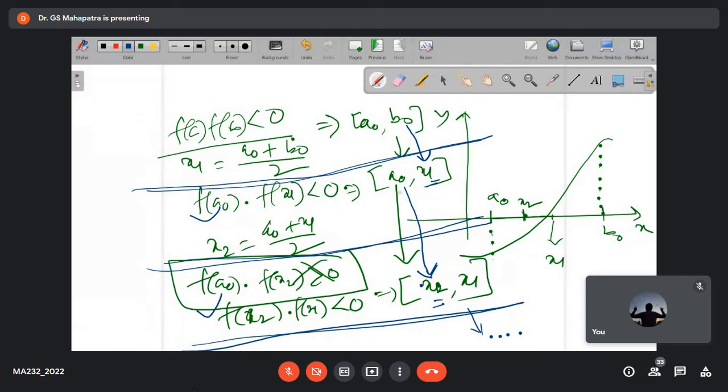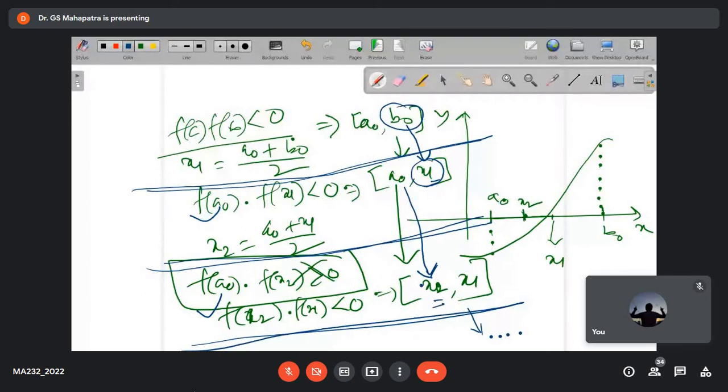Based on that, say B0 to x1. If you check B0 to x1, both are positive. That's why positive is replaced by positive.